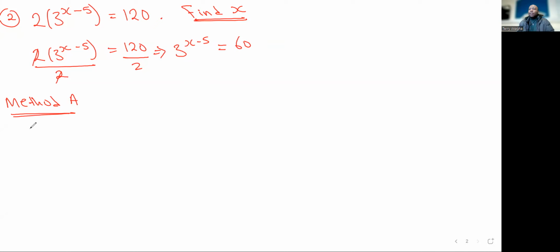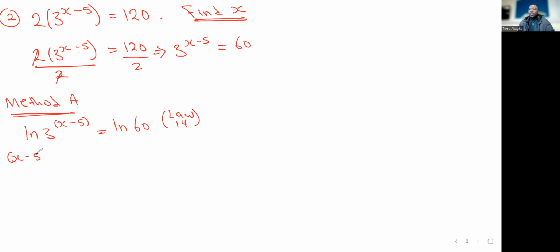So you're going to have ln of 3^(x-5) is equal to ln of what? 60. Apply law 5 here. So this is law 14. For those of you that want to go back and have a look, this is law 14. You take the ln of both sides, then you bring down x minus 5.